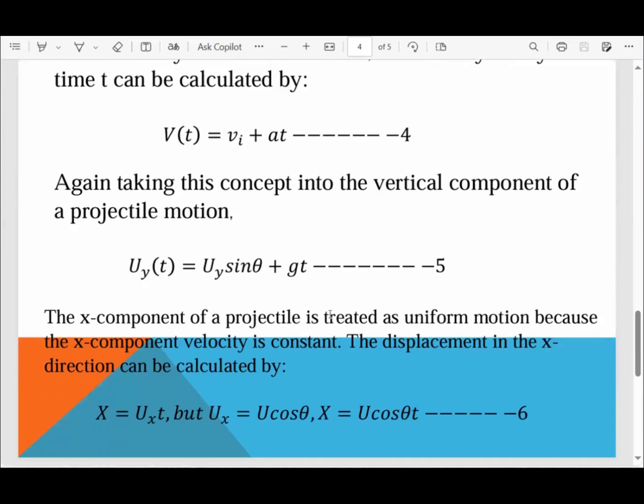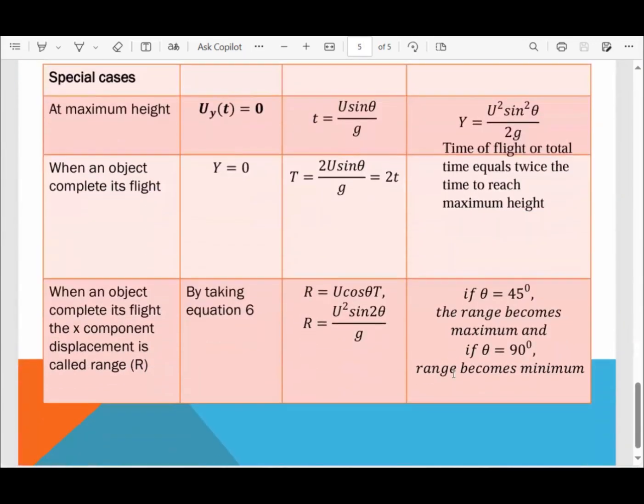Since we have said that the horizontal component velocity is constant and the motion can be described as uniform motion, the horizontal displacement x can be calculated by ux times t. But the horizontal component velocity is u cos of theta, so x can be calculated by u cos of theta times t.